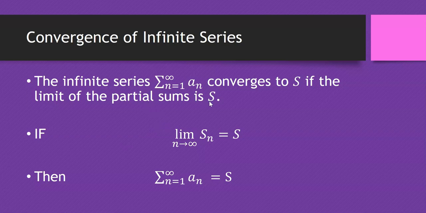We say an infinite series converges if the limit of the partial sums comes out to a real number, and if that's true, then we say the infinite series itself adds up to S. The real number here we denote by S.